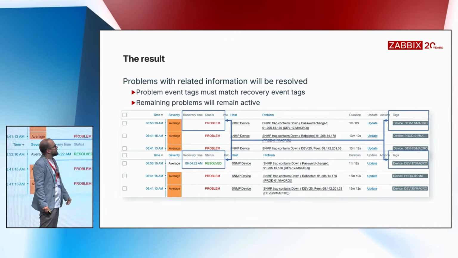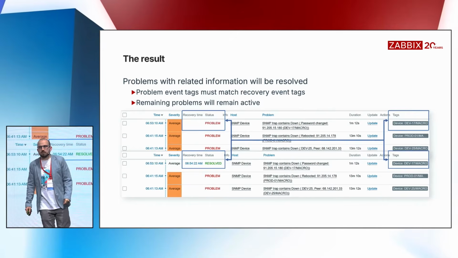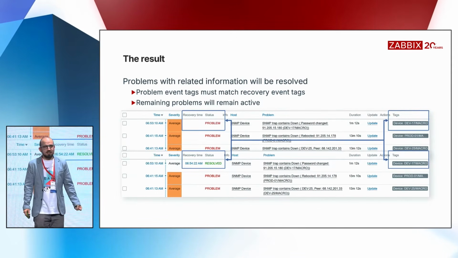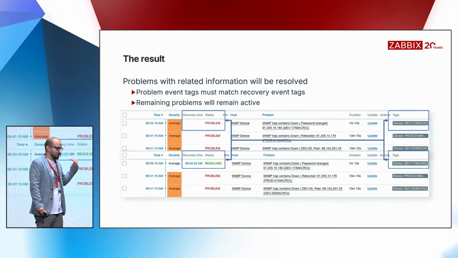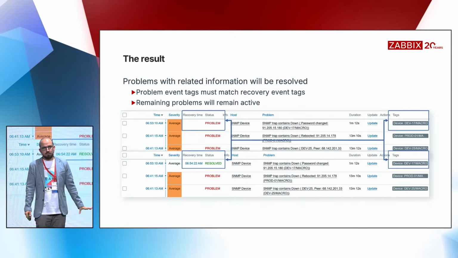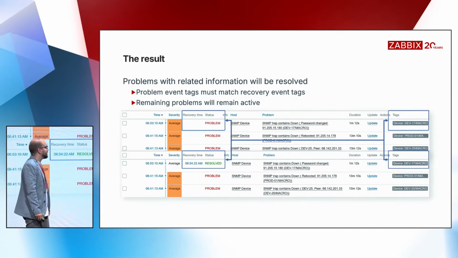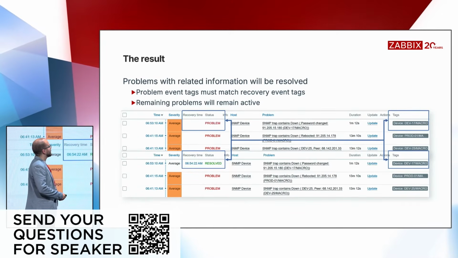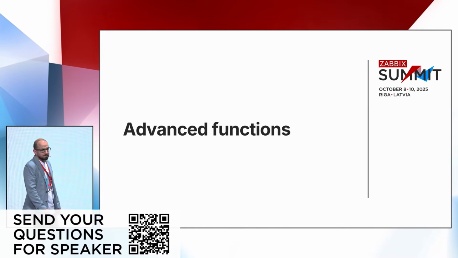You can see the tags are matching because of the values. Zabbix will check what was affected by the problem and for which device you got the clear message, and resolve only those. So it will be a lot faster and a lot simpler for you to manage, and most of the time, probably things will even resolve by themselves.